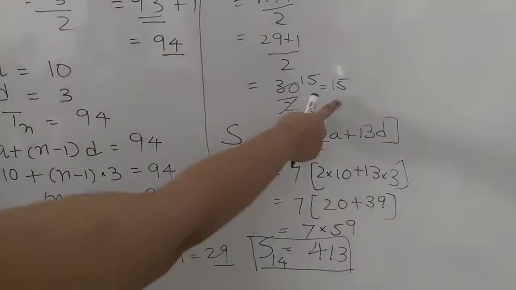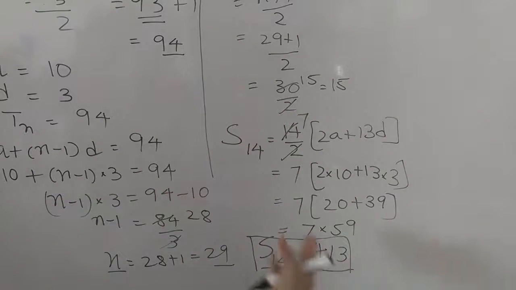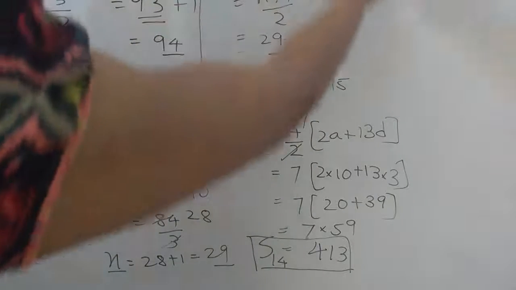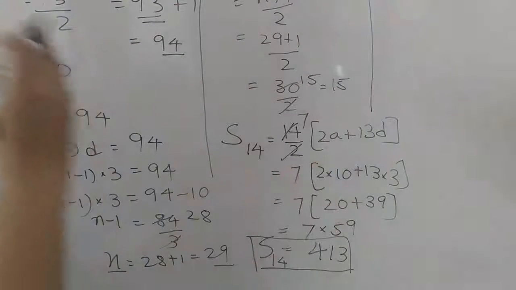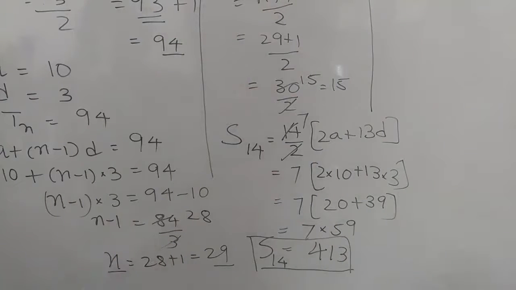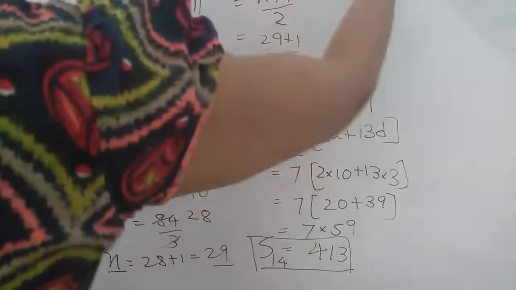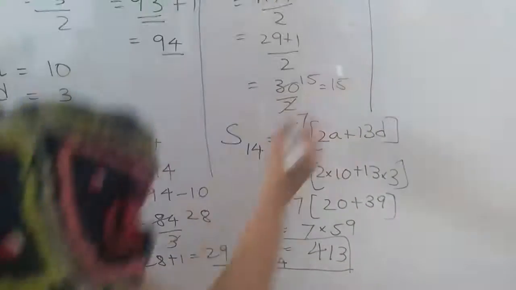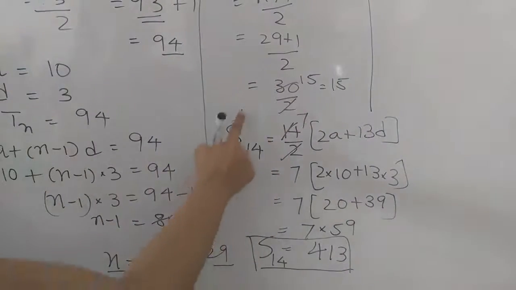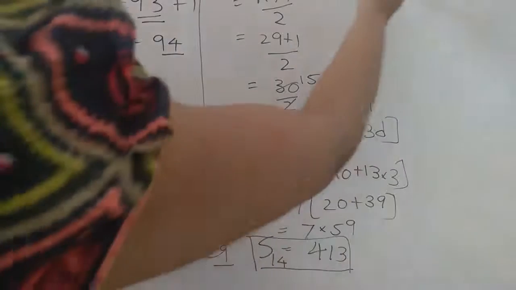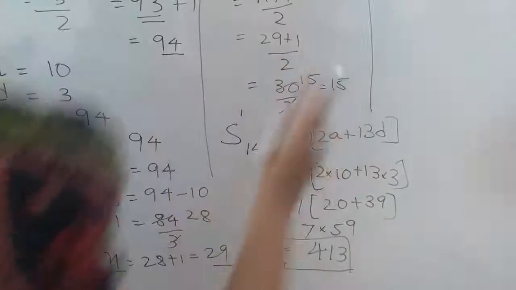The first answer is the 15th term, and then we found S14. Next, there are a total of 29 terms, and the 15th is the middle term, so again there will be 14 terms after the 15th term. For that I write S14 double dash, the sum of the terms after the middle term.